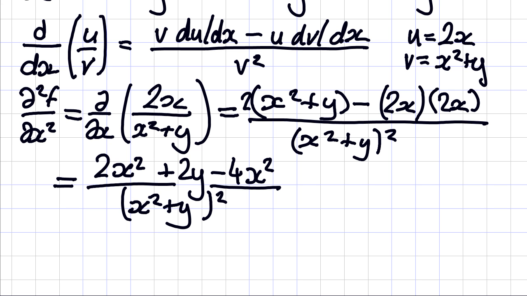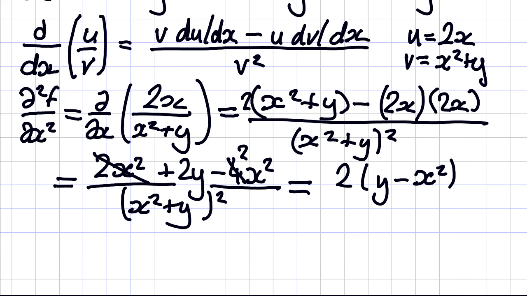I can simplify the top some more. So 2x squared minus 4x squared, that's just minus 2x squared. So we end up with 2y minus 2x squared, all over x squared plus y, all squared.